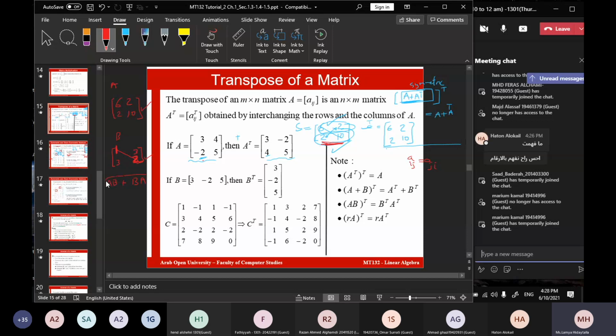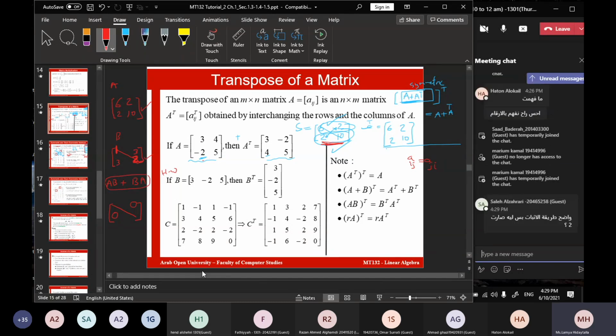You should find that this resultant one is symmetric. This is homework for you since you like to work with numbers. You should find the resultant, looking at the diagonal like that, so this number and this number are going to be the same. Go and do it as homework.